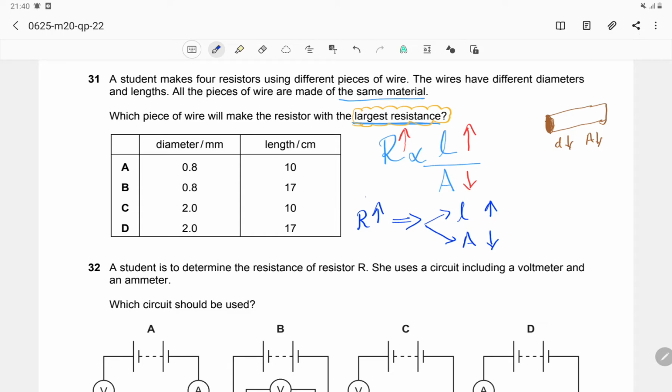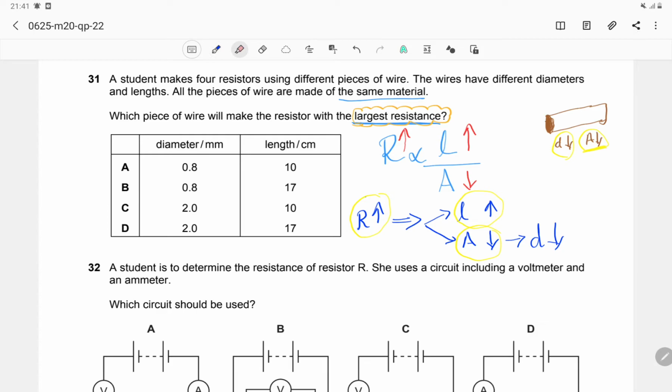So now let's go back to the relation of resistance, where we already understood that to have a higher resistance, we need a larger length and smaller area of cross section. If the area of cross section is smaller, then the diameter of the wire also will be smaller.